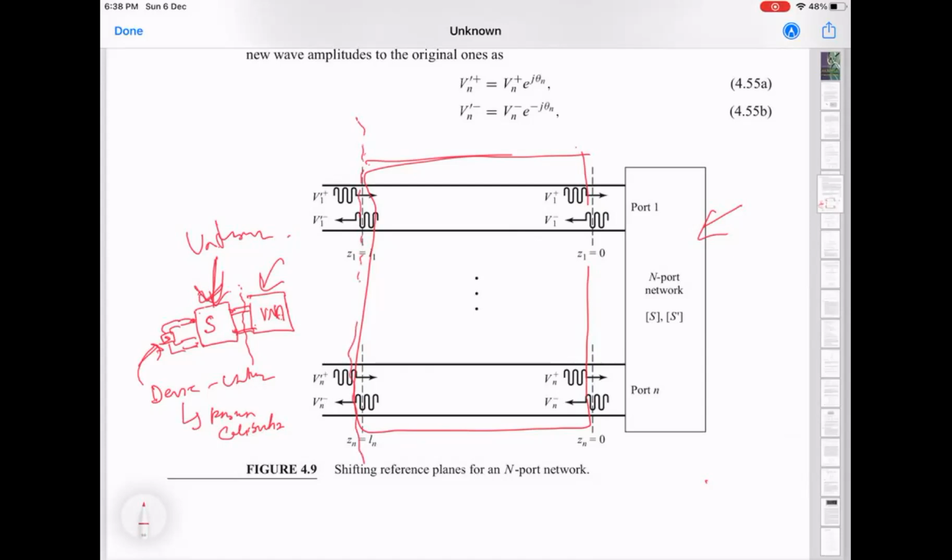Okay, you can sort of see that this would work, and the homework example will allow you to calculate this for a simple case of a single port. The two port is slightly complicated, but the same problem can happen with a single port, right? So you have this device, and you want to measure the gamma of this device, but between this device and your instrument there is something, some S matrix which is unknown.